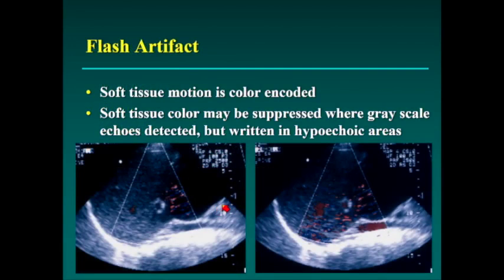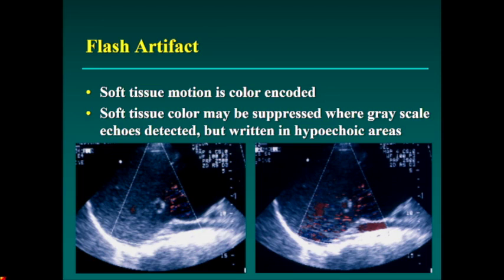Flash artifact is a result of the fact that when you set up a preset in your Doppler, you are automatically choosing a level over which color will overwrite the grayscale. In other words, fundamentally there are two flow settings that you're going to cope with.